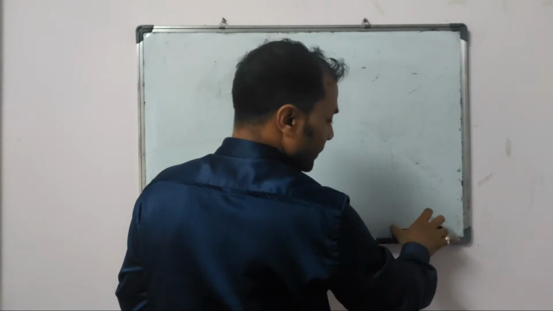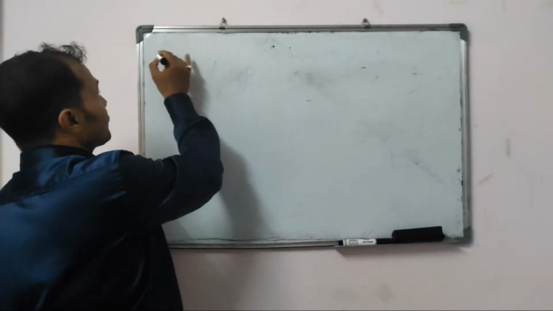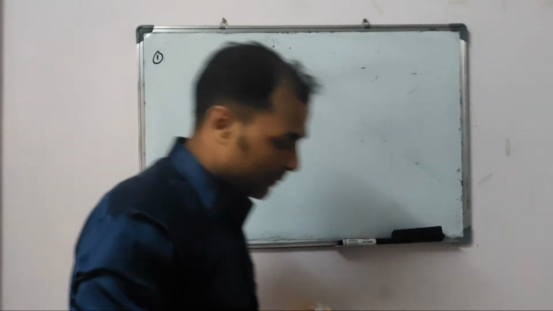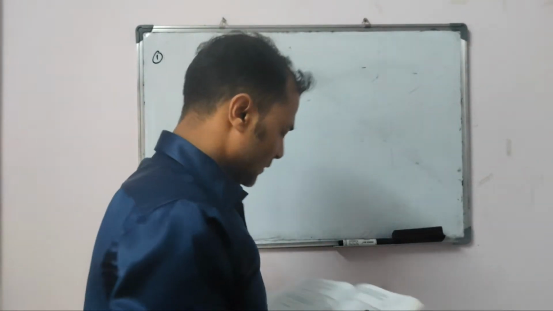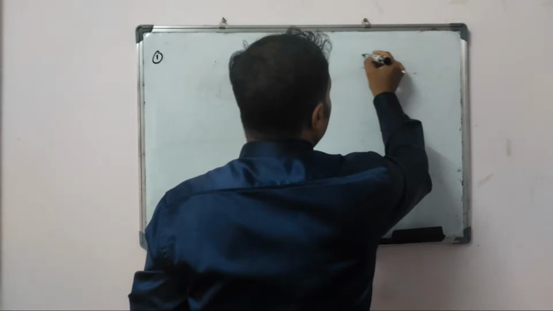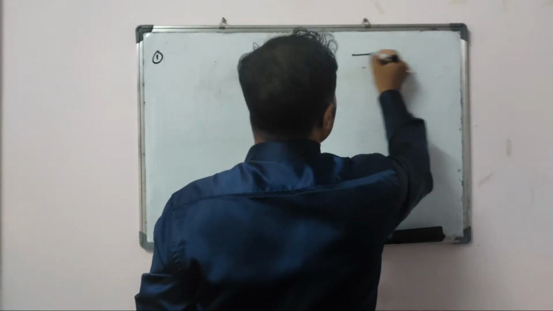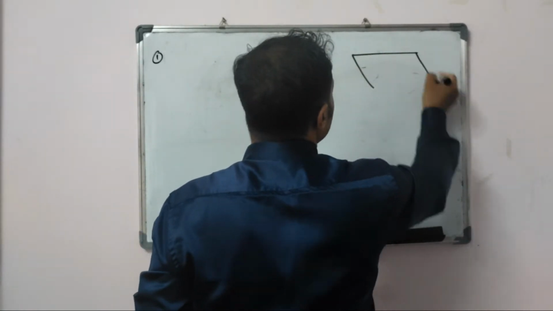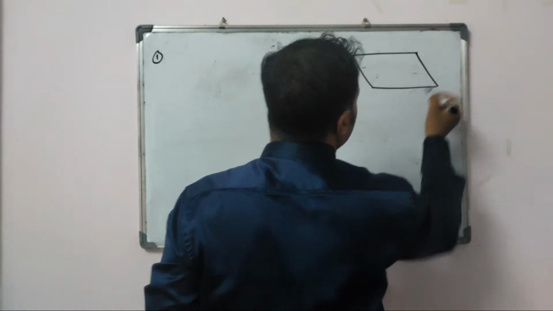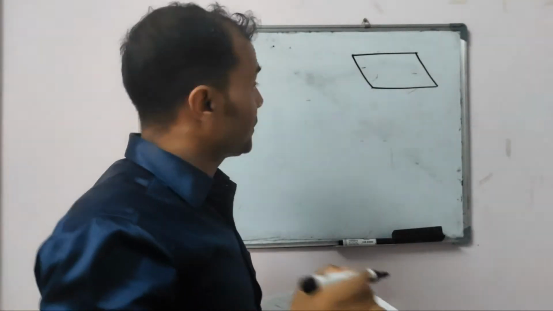Okay, so I'll start the problems over here. The first one is the first problem. Problem number 1 for today is this. You have a parallelogram like this. Please take a copy and pen and start solving.